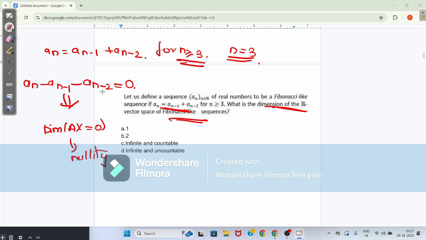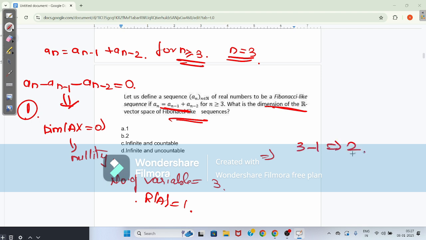So how many conditions are given? One condition has been given here. What is the number of variables? It is 3, and the rank of A is 1 here. So how many values are there? 3 minus 1, that equals to 2 here.